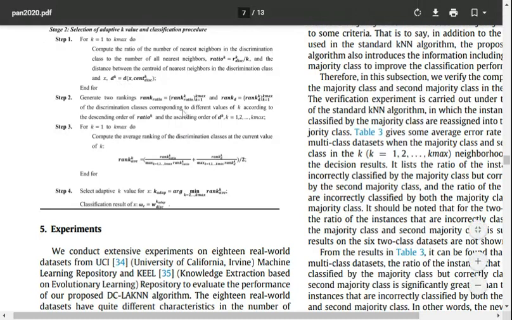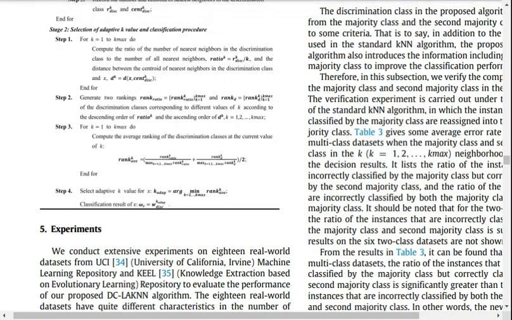They choose based on the distance between any instance and the centroid of any class, the first and second most class. Another is the ratio of the number of instances in the most class, the chosen class.